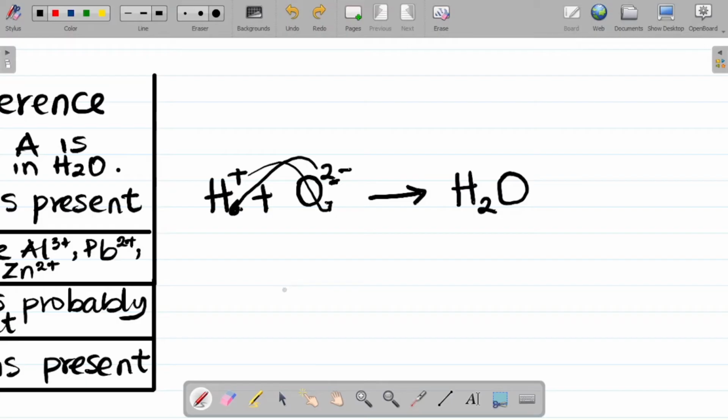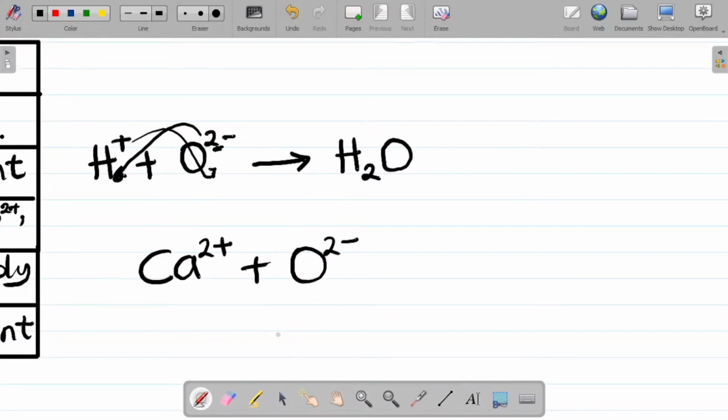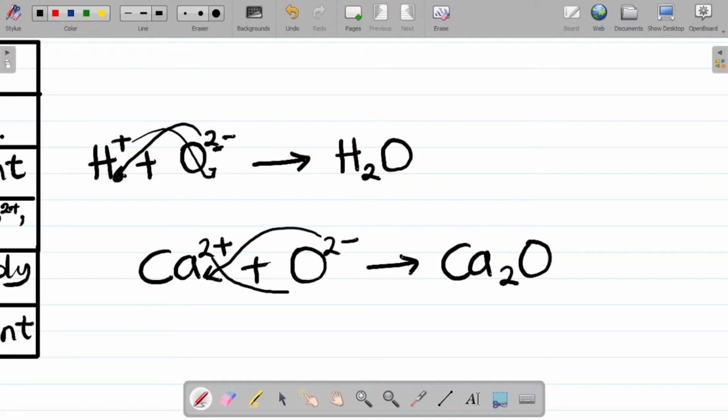One more thing, let's say I have calcium ion, Ca2 plus, combining with oxygen ion, O2 minus. Please observe something here. These two come down here. That becomes Ca2, and oxygen, O, and this 2 also comes down.